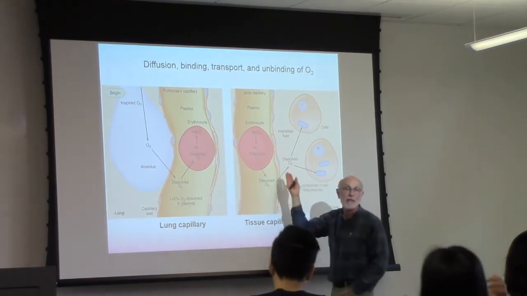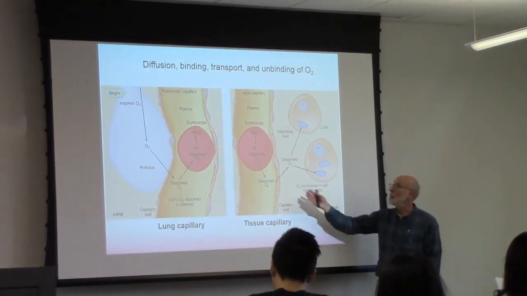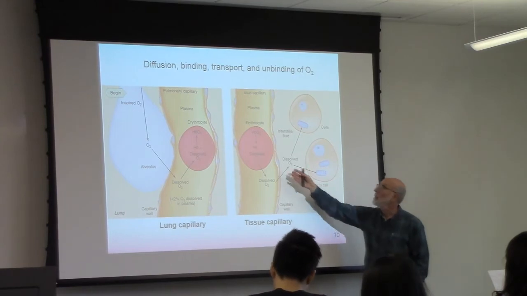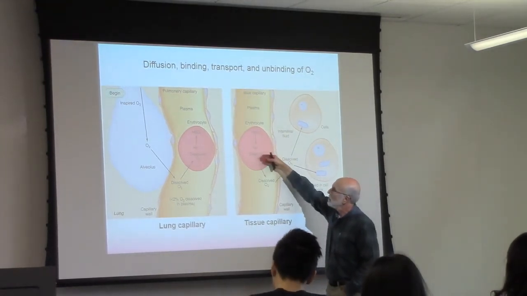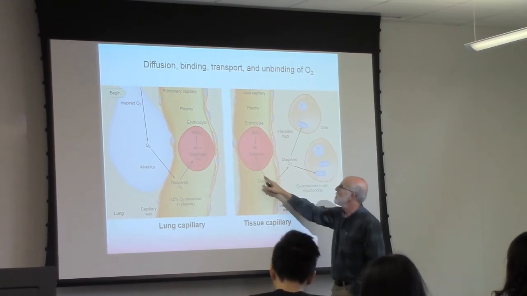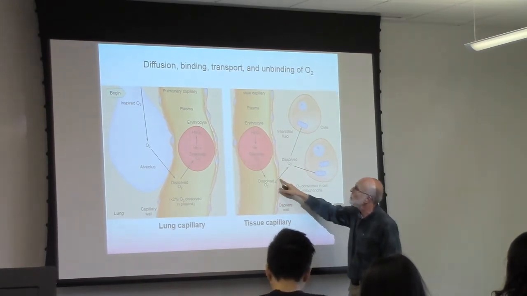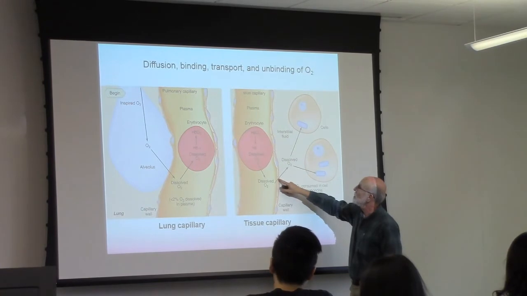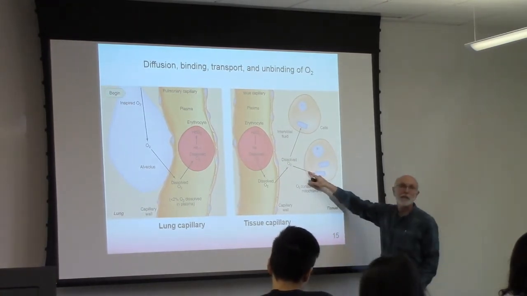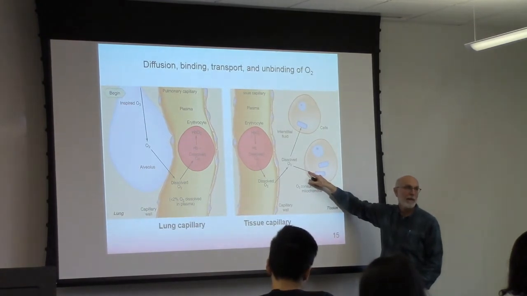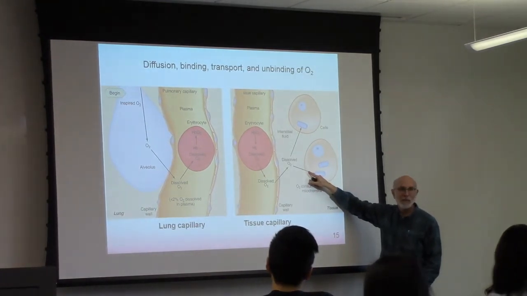And then you run the story in reverse in the tissues. Oxygen unbinds, diffuses through membrane, diffuses through plasma, diffuses through endothelial cell, diffuses through interstitial fluid, diffuses into the cell. I'm going through this fast because I think you know what I'm talking about.